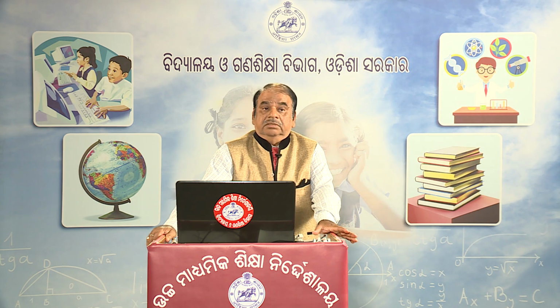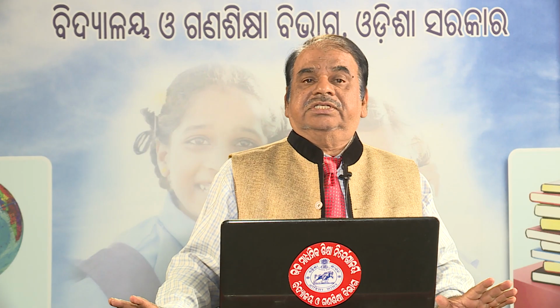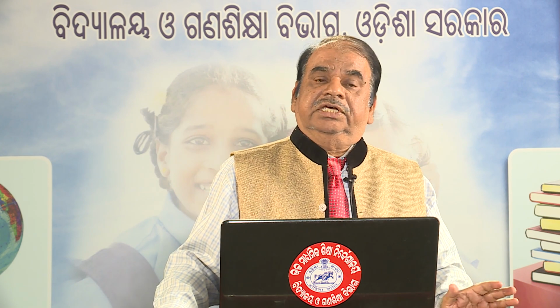And the final disadvantage is that this method fails to distinguish between cause and coexistence. As you know, coexistence cases are very much there, and if we take the causal relationship into account, there is every possibility that coexistence cases, because of following one another, may be confused as cause.